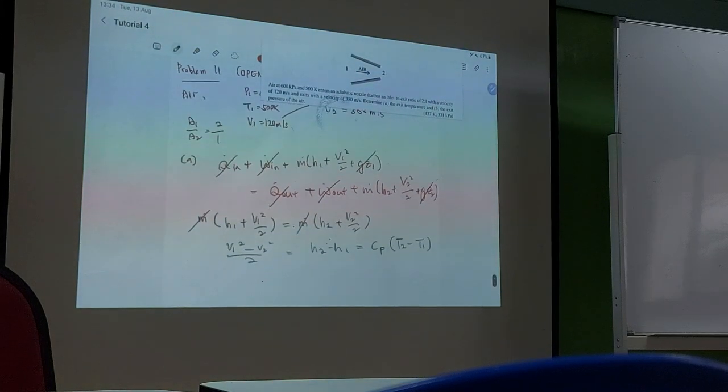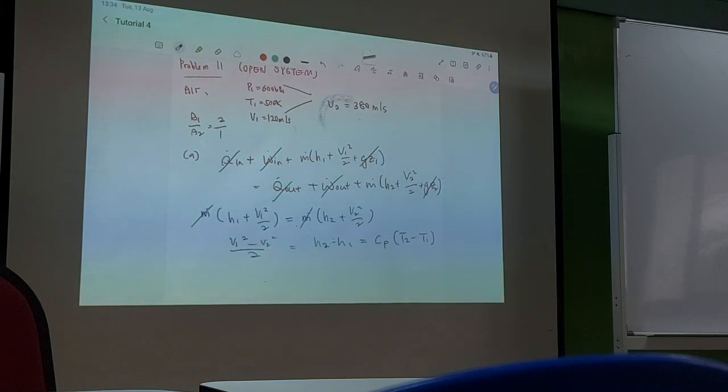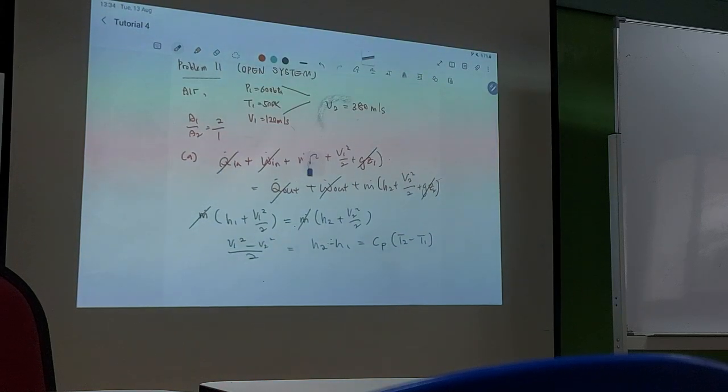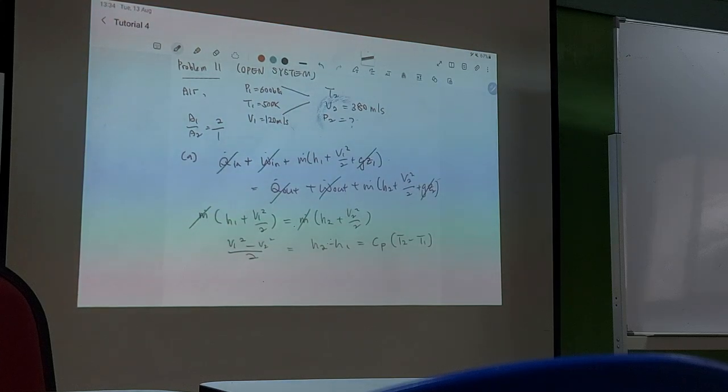From here, you can determine the exit temperature, which is T2. That is what the question asked for: P2 as well as T2.